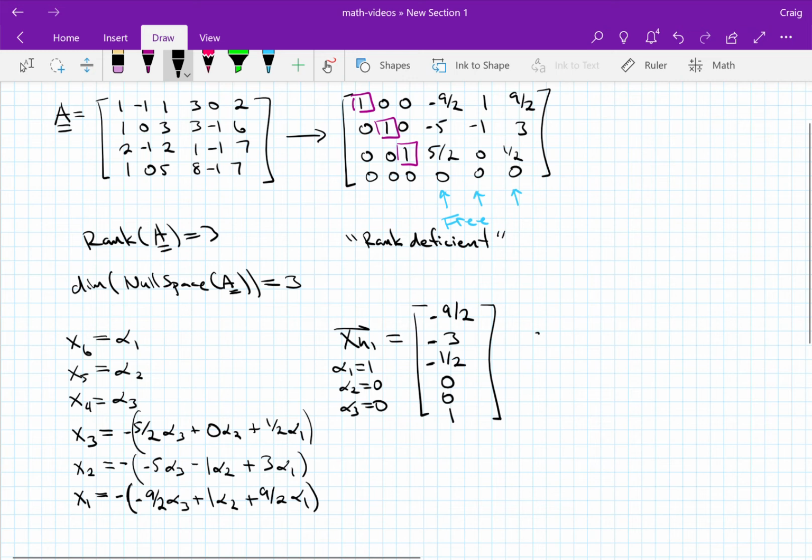Our next null vector, x homo 2, is going to be alpha 2 turned on, and alpha 1 and alpha 3 turned off. So I have a -1 in the first slot. In the second slot, I have a negative times a negative, that's a +1. In the third slot, it corresponds to this equation right here. I have nothing because of my 0 in the alpha 2 slot.